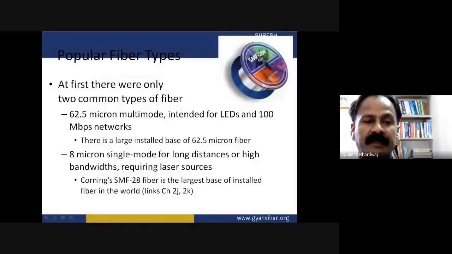Popular fiber types. At first, there were only two common types of fiber: 62.5 micron multimode, intended for LED and 100 Mbps networks.